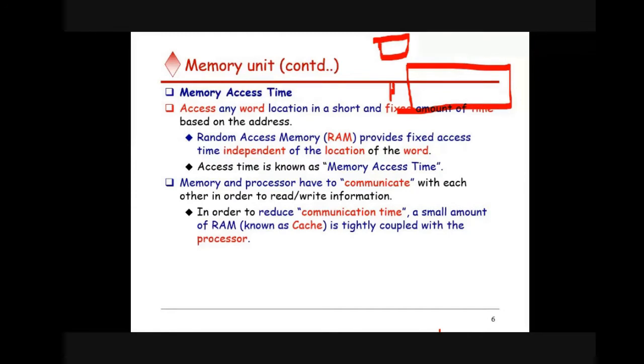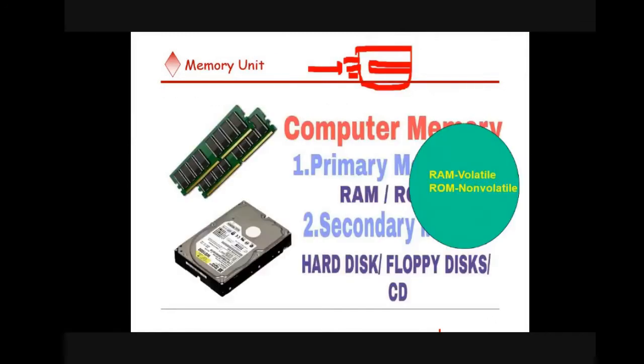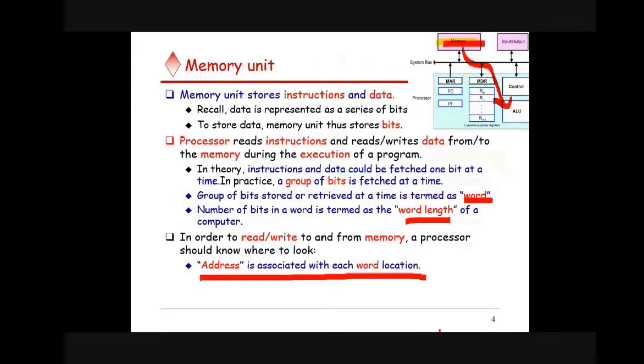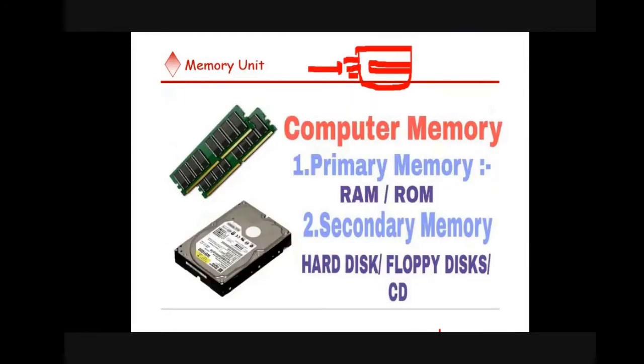So this is all about the memory unit. What all have we discussed in the memory unit? We discussed what is there in the memory unit, how the data is stored inside it, how it is transferred to the processor, and in what way the data is accessed. After that, the different types of memory.